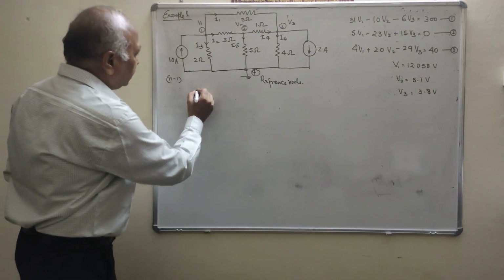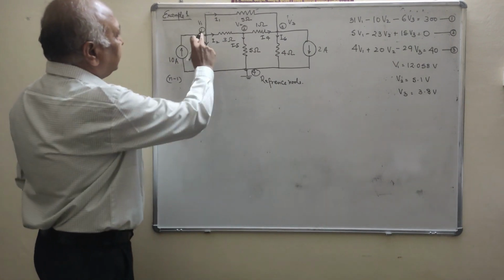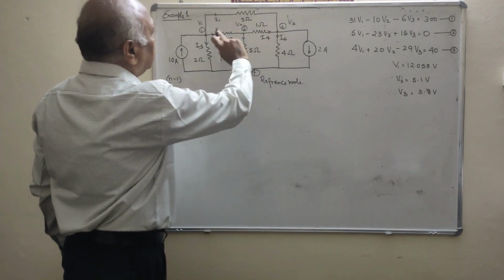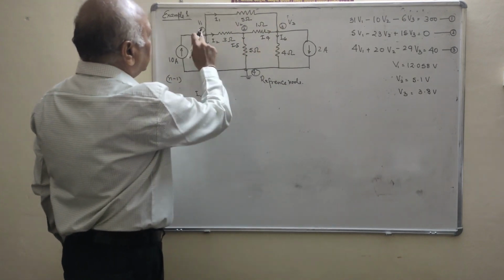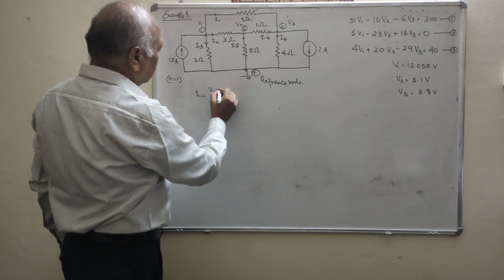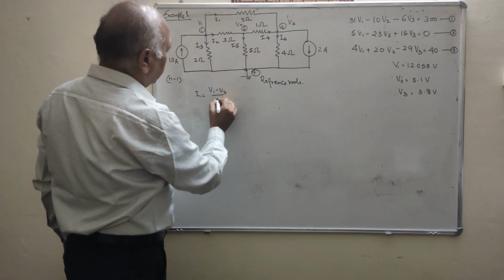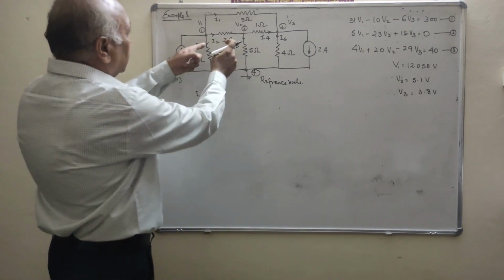See, what is I1? Clear? I1 is V1 minus V3. The 5 ohm is connected in between node 1 and node 3, so V1 minus V3 upon 5. What is the value of I2?